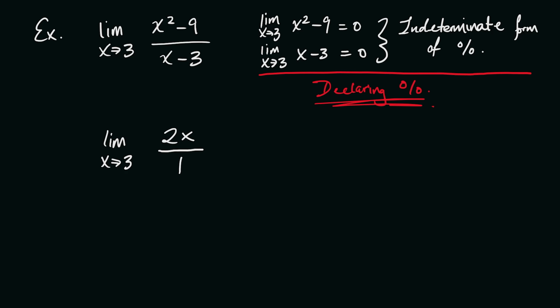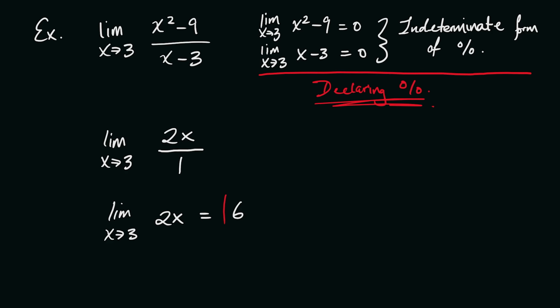So now we can write this as the limit as x approaching 3 of 2x, and when we substitute it in, it becomes 6.